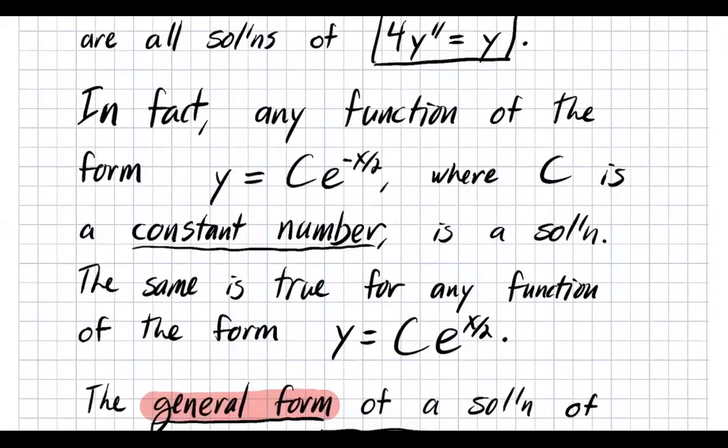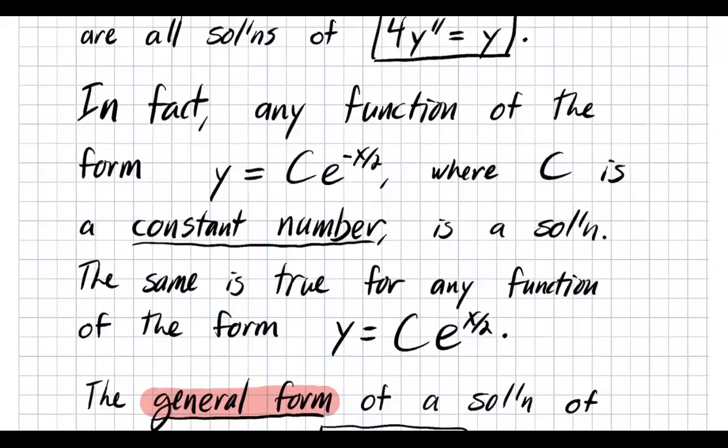So yes, any function of the form y equals c e to the negative x/2, where c is just a constant number, is a solution, and the same is true for the function e to the x/2, which we saw was a solution of this differential equation.